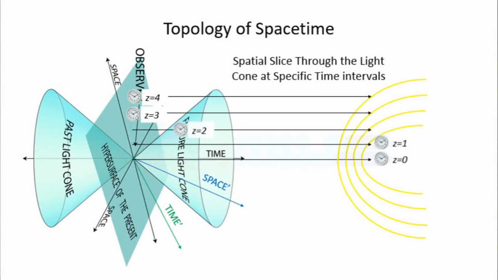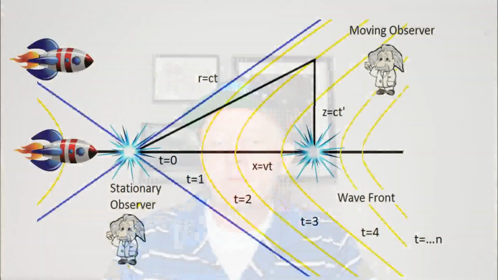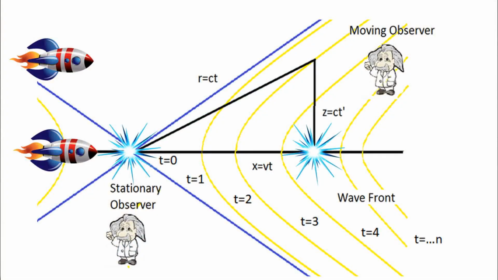That means the topology for a faster than light object is not going to be based on circular wave fronts, but on hyperbolic wave fronts. And that's because, once again, the time axis for a faster than light object resides outside the light cone. Now, like I was saying, we have the same right triangle that we had for the slower than light object.